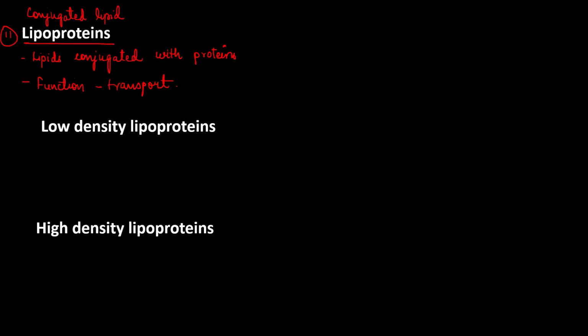Now, these lipoproteins are of two types. The first one is the low density lipoprotein and the second one is the high density lipoprotein. Both of these lipoproteins transport cholesterol, but where they transport this cholesterol makes a difference.